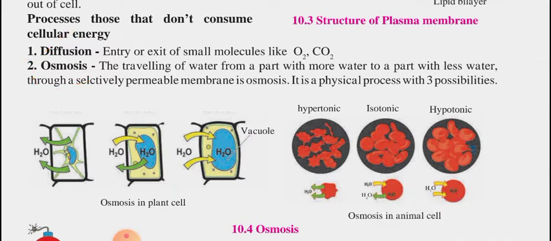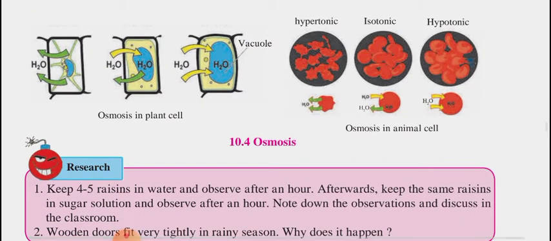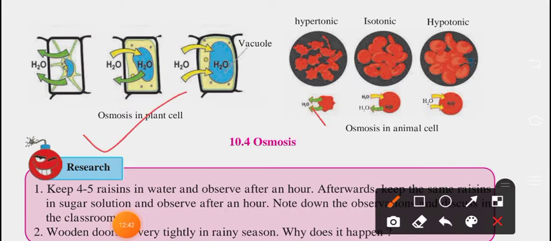Now you can observe here these are the three possibilities of osmosis. You can observe here osmosis in plant cells as well as osmosis in animal cells. Here are two diagrams, one with the plant cell, another with the animal cell. First of all we will go ahead with the plant cell.